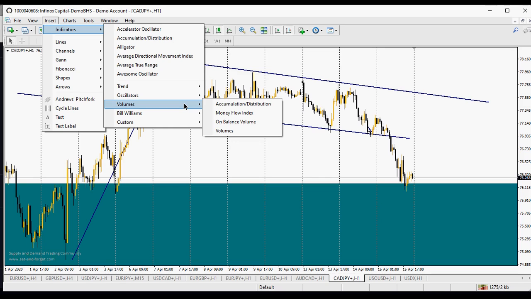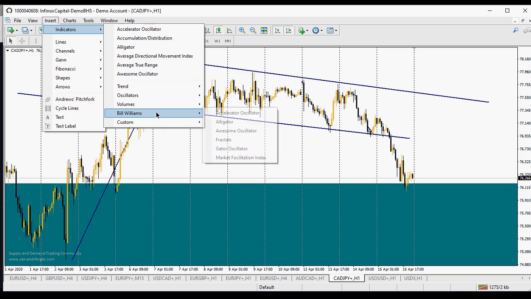By midnight, you see that the volume is quiet. Many people have gone to sleep, even US people. Only the Asians, the Chinese people, will be in the market. So at that time there will be low volume in the market. Volume also depends on how much money is being traded per time in the forex market. So that's volume.